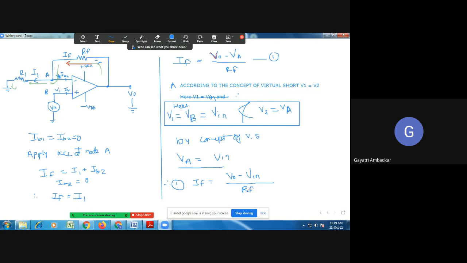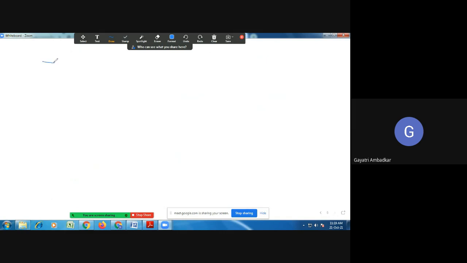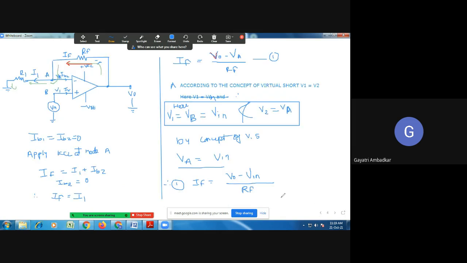Okay. Now, what is I1? That was IF. Let's find I1. I1 is the current flowing through this branch. So the voltage at this point is VA. Voltage at this point is 0.